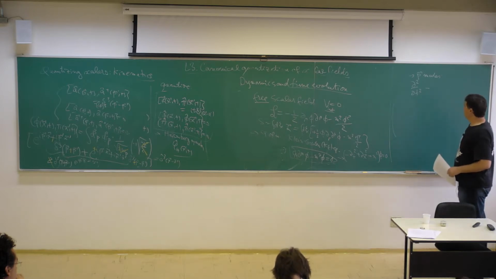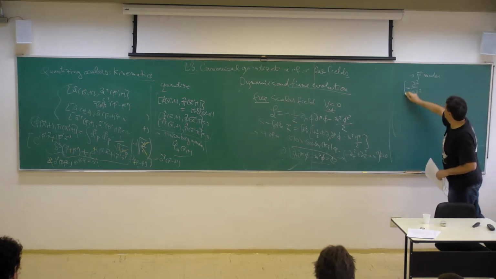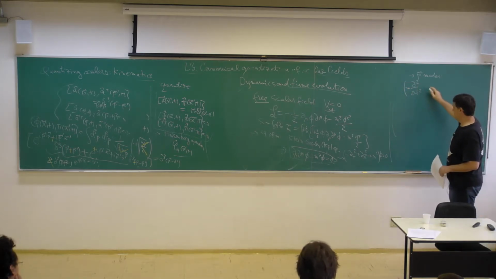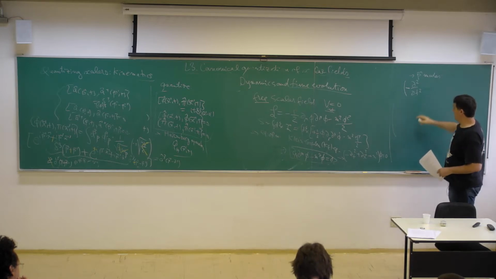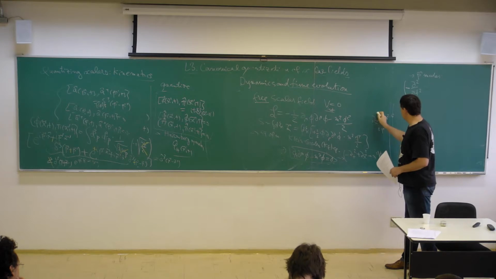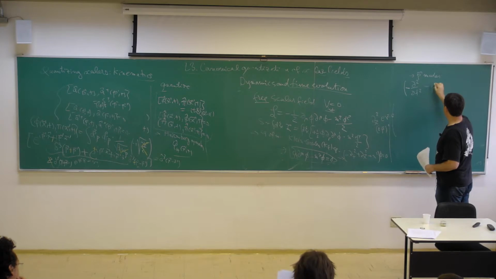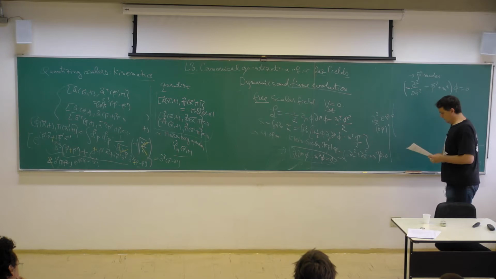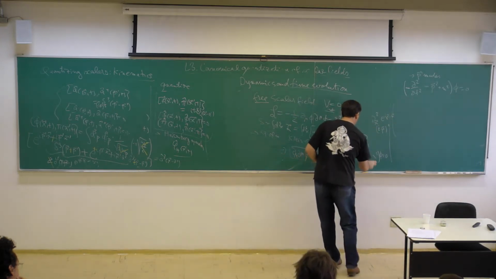So minus dt squared, then the derivative in x acting on e to the ipx gives ip. So the derivative squared gives ip squared, but that's minus p squared.